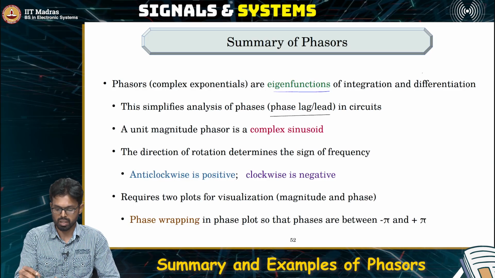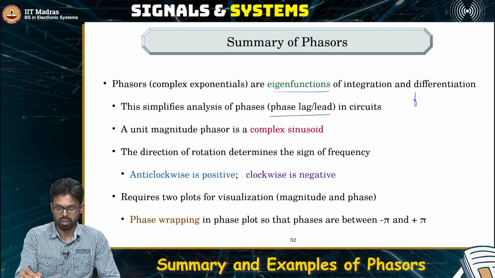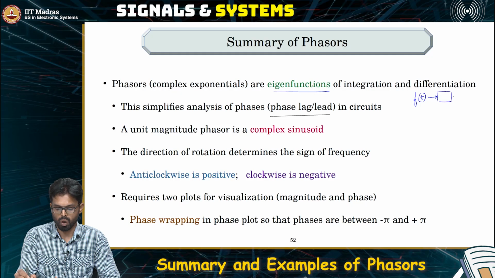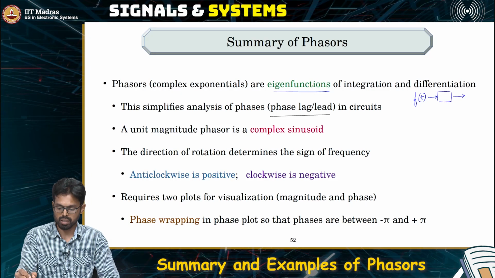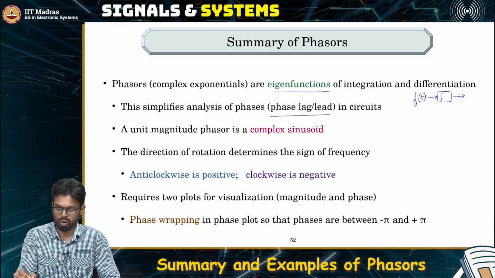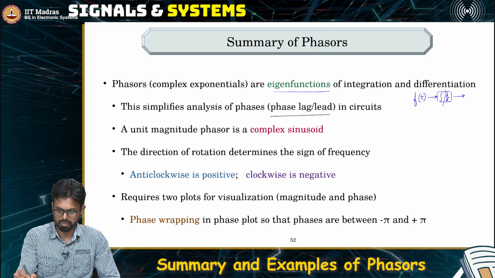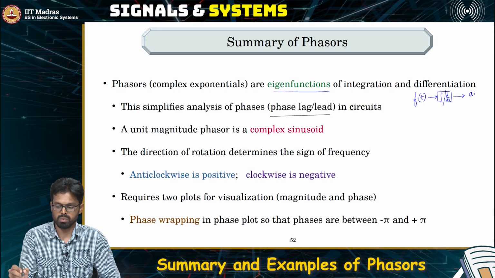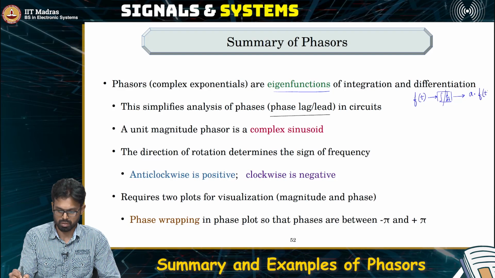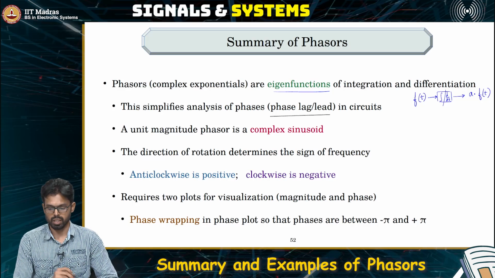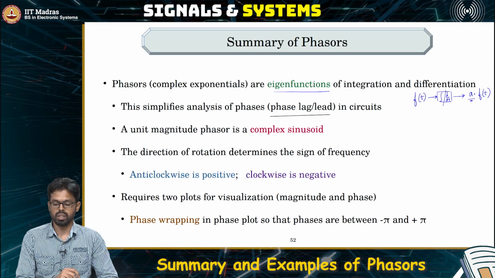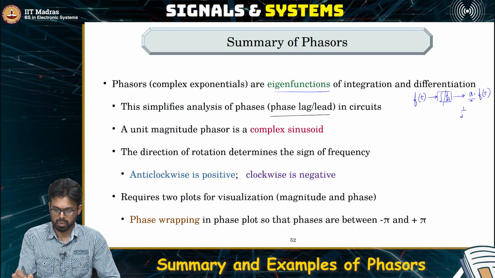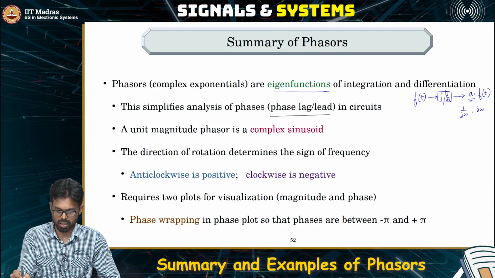It simply means that if you feed in some f of t to a block, and that block in this case is either an integrator or a differentiator, then the output is some constant times f of t. Depending upon the integrator or a differentiator, it changes. For an integrator, it is something like 1 by j omega, and for a differentiator, it is j omega.